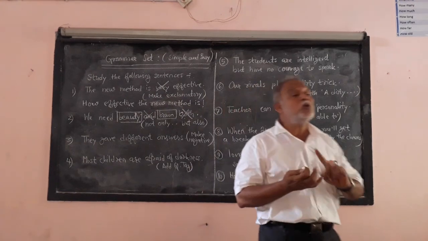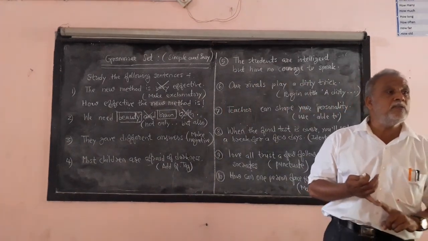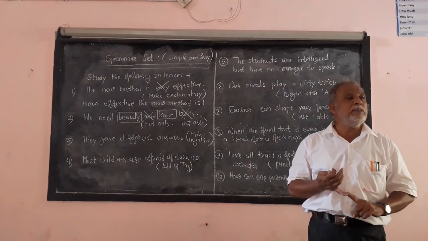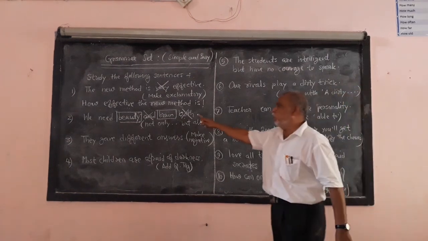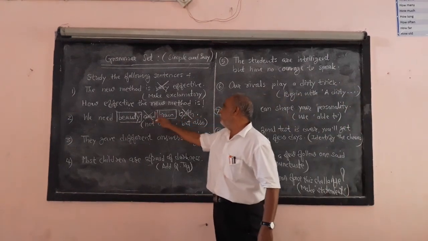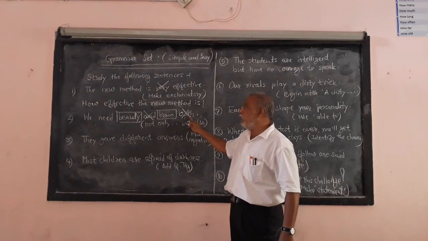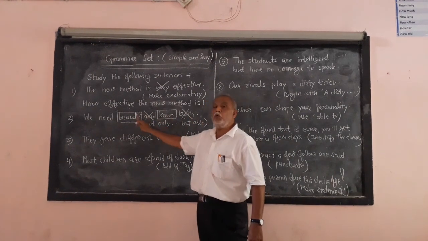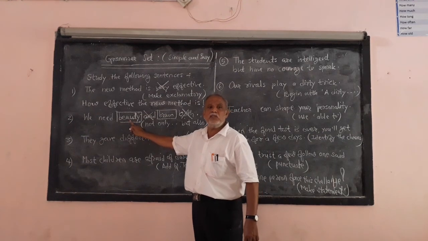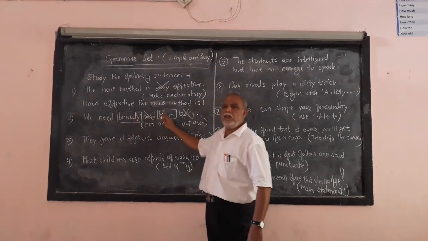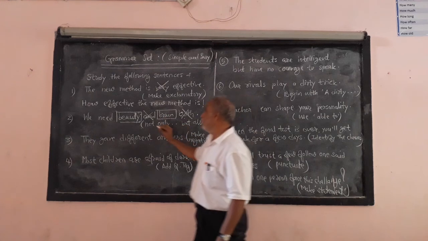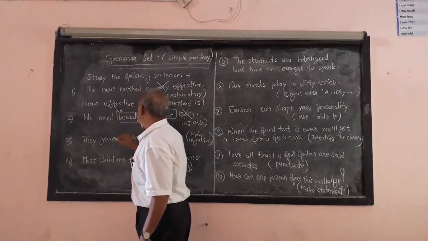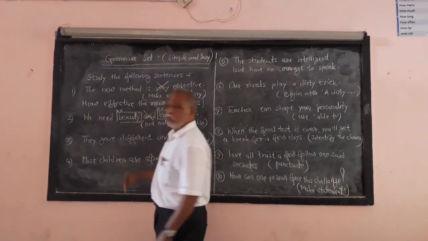If there are too, even, these words are also to be removed, but here we hide only both. So the word and the word both should be removed. We find the two different points. One is beauty and the other is brain. Right here, not only and but also.